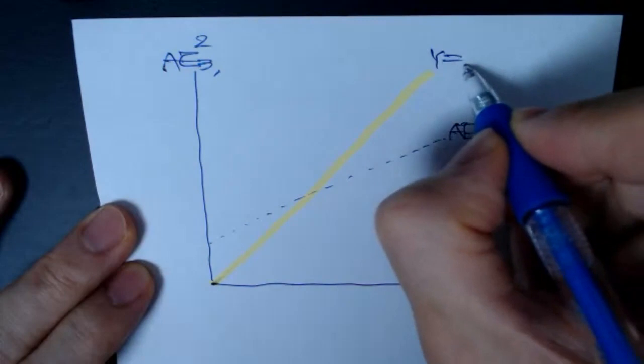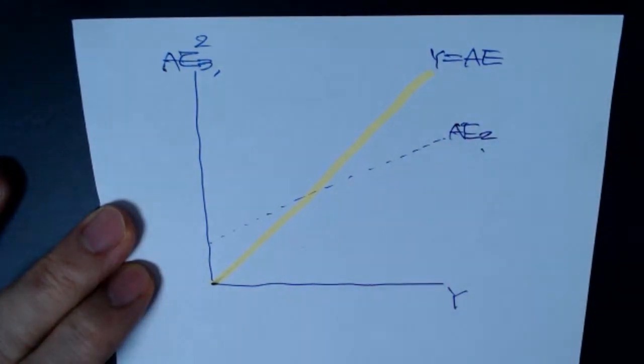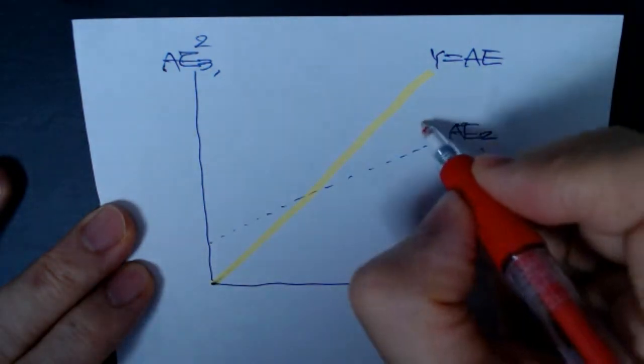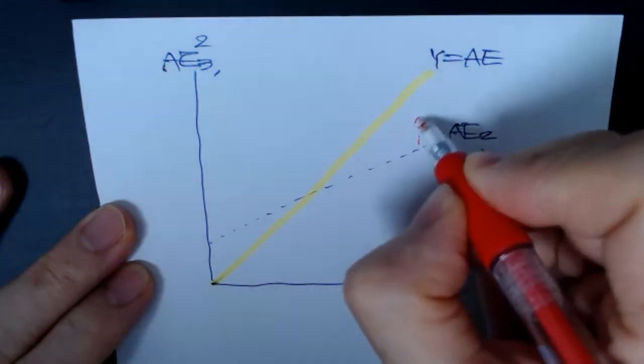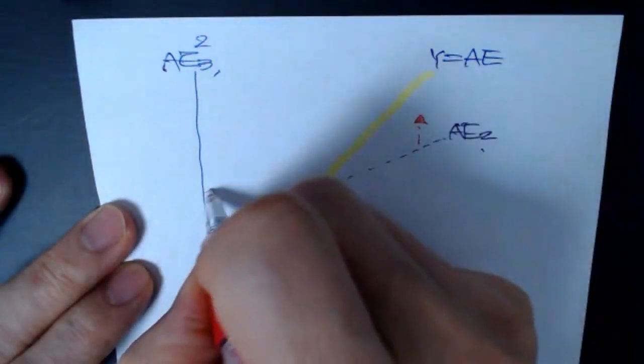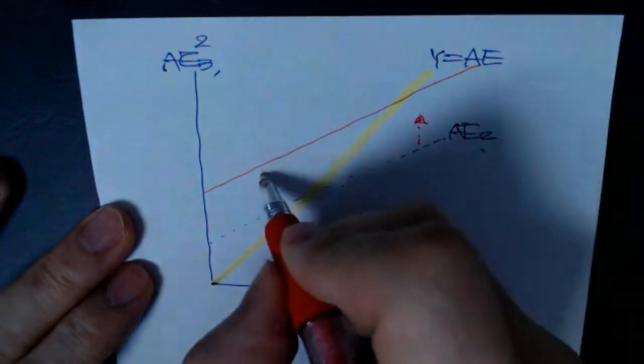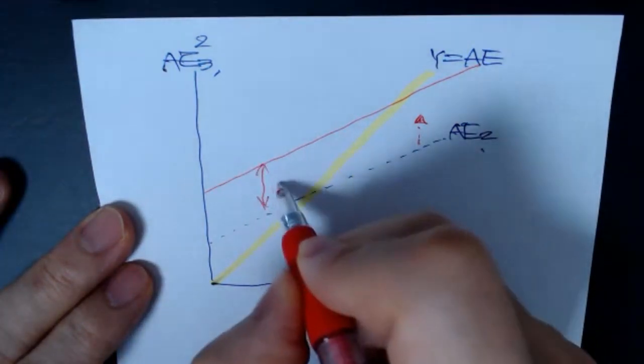So we are interested in what happens if we have additional G. As I said, whenever we have G, this aggregate expenditure must increase because we have additional G, like this, right? So you can say that this is the amount of G.